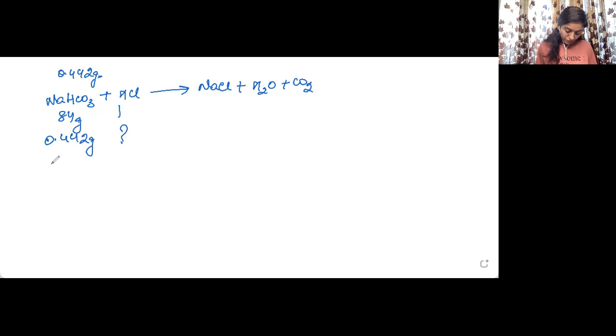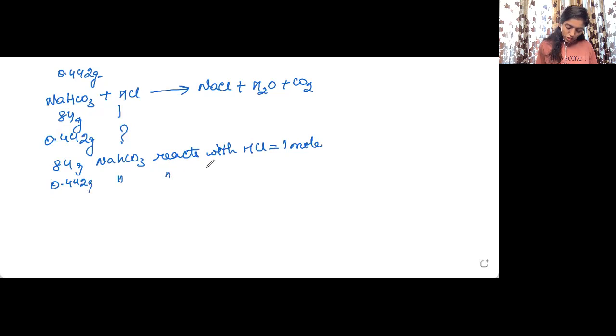So 84 gram of NaHCO3 reacts with HCl equal to 1 mole. 0.442 gram of NaHCO3 reacts with HCl equal to 1 upon 84 multiplied by 0.442, which is 0.442 divided by 84, coming out to be 0.0053 mole.